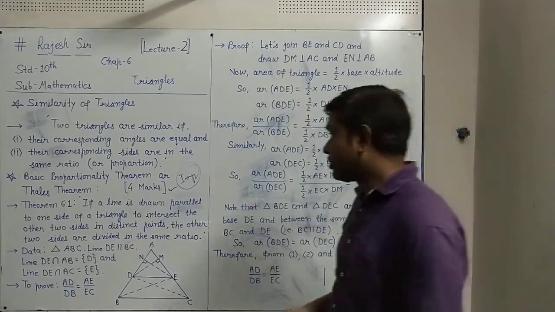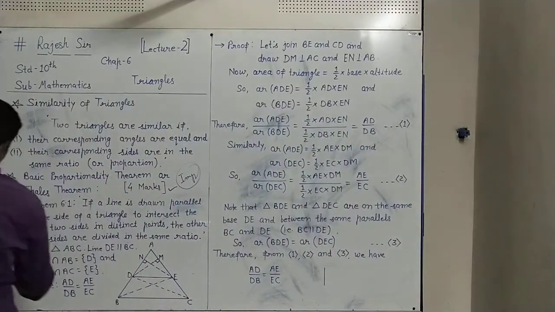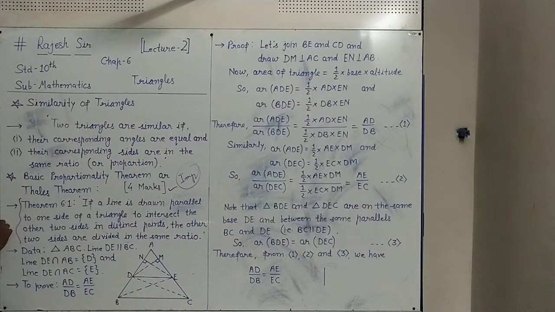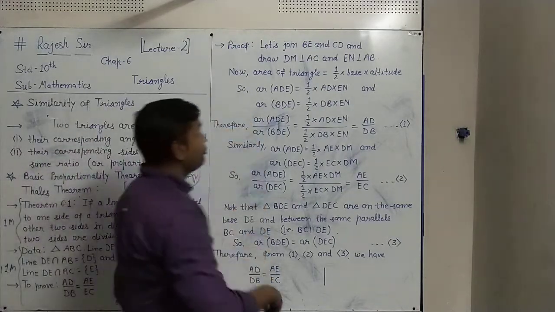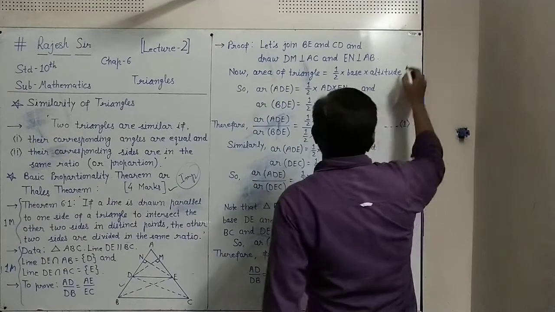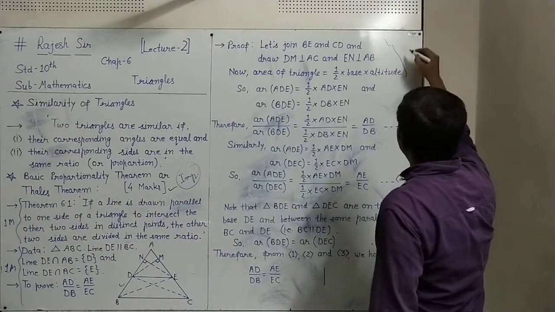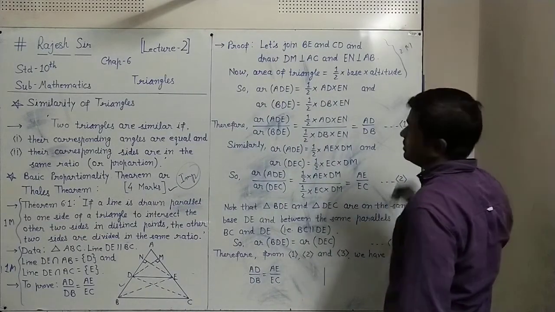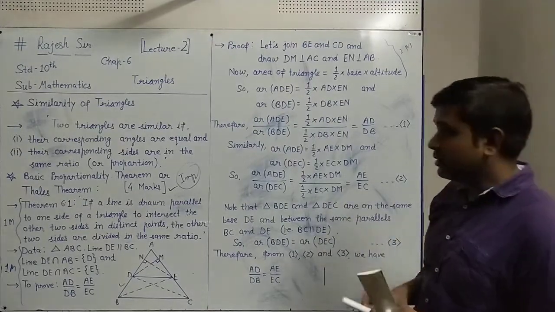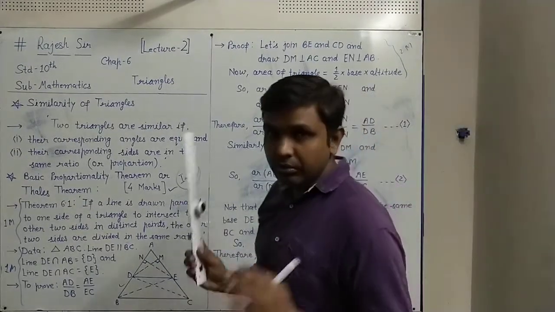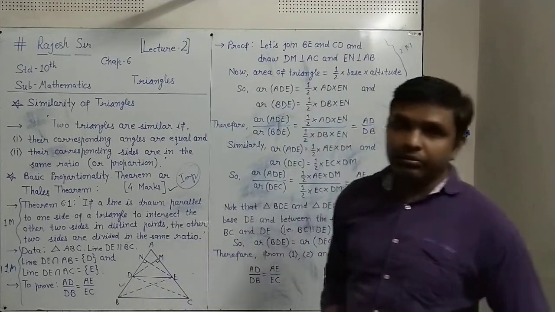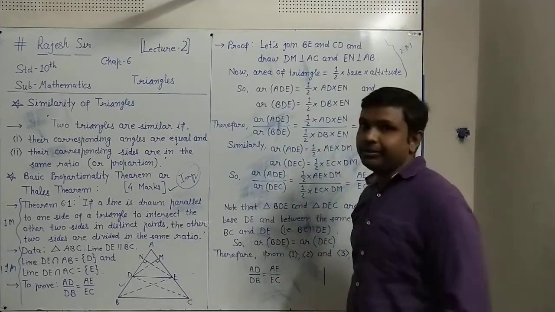So 1 mark for the statement, 1 mark for the data, to prove and the figure, and 2 marks for the remaining proof. So there are a total of 4 marks to get. Everything we have to understand well, learn and write.